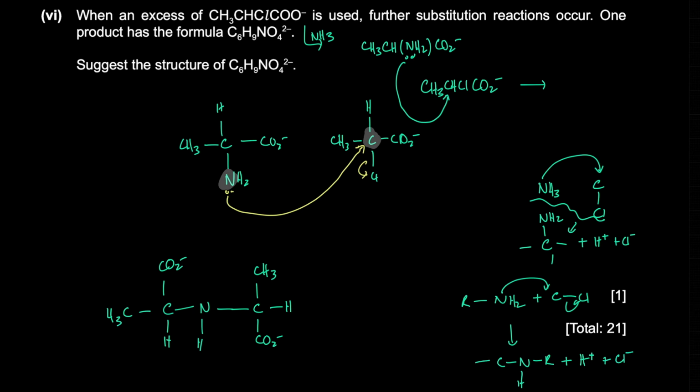What you have is this NH2 with an R group, and this N is substituting for the chlorine. So you end up making C with an NHR, this entire thing over here.